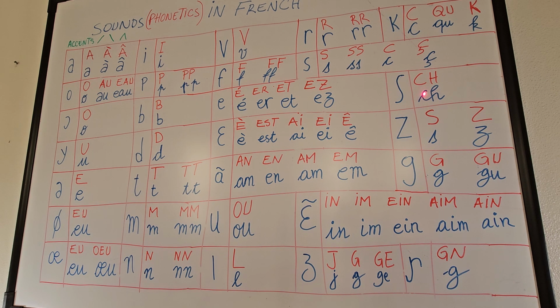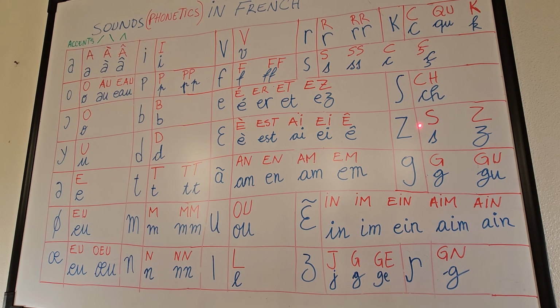Like in English, if you write S and H, it sounds sh, like if you say she. But here instead of SH, you put CH, which gives the sound sh.